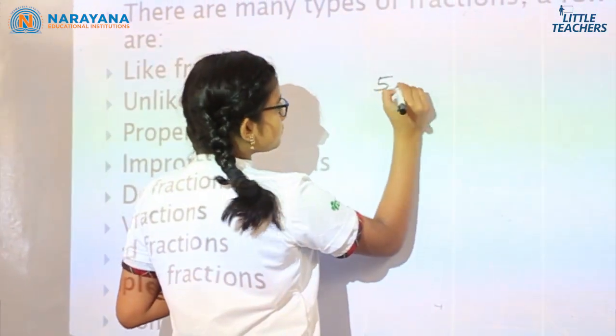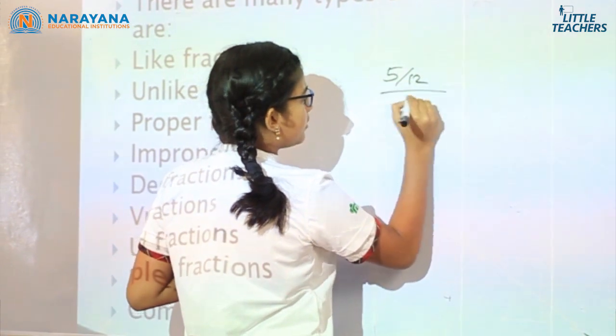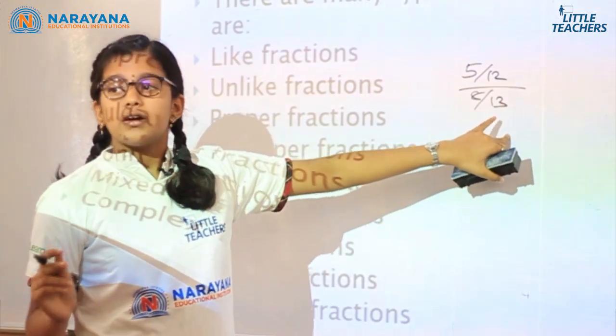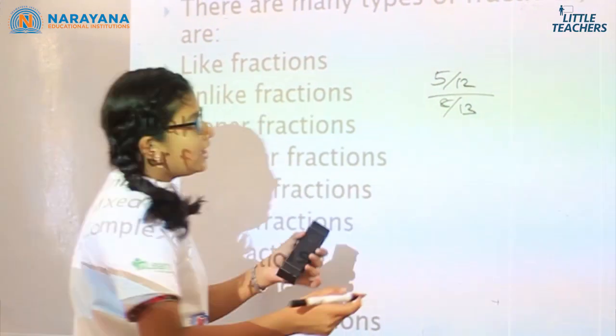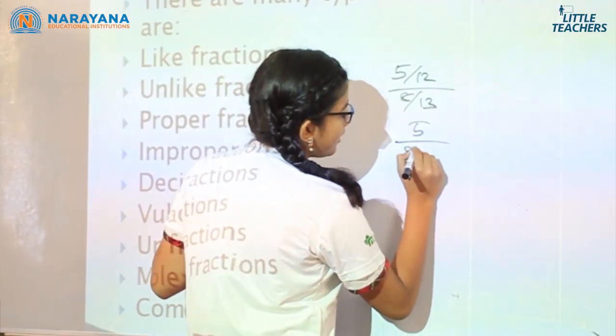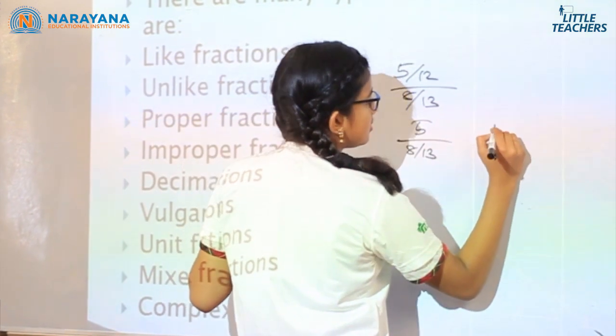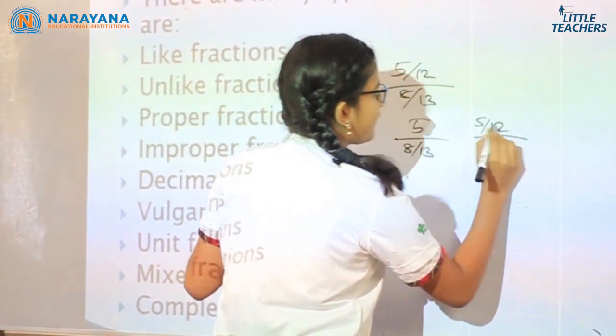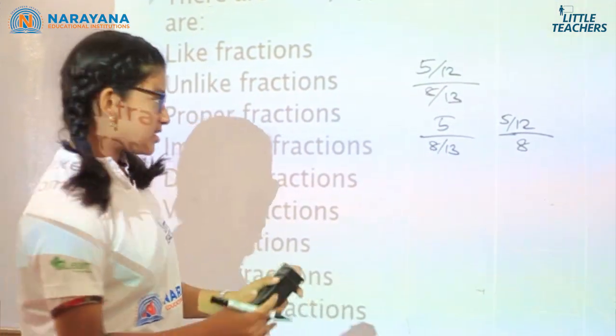So, if I took 5 by 12 over 8 by 13, these are considered as a complex fraction, while 5 by 12 by 8 is also considered as complex fractions.